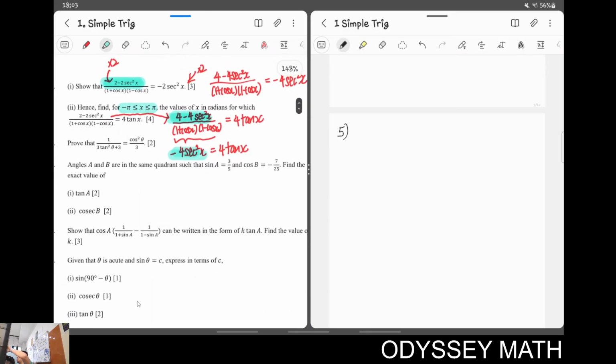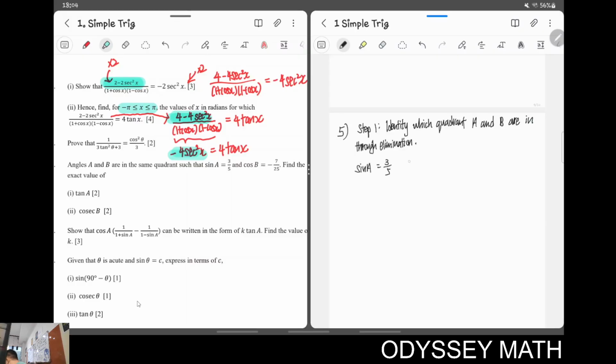Okay, so when you do this type of question, step 1, as mentioned before: identify which quadrant A and B are in through elimination. So first step you would need to do is, sine A is positive, right?